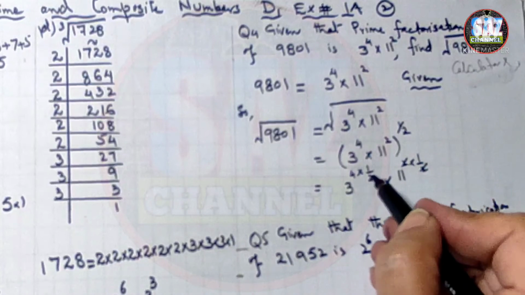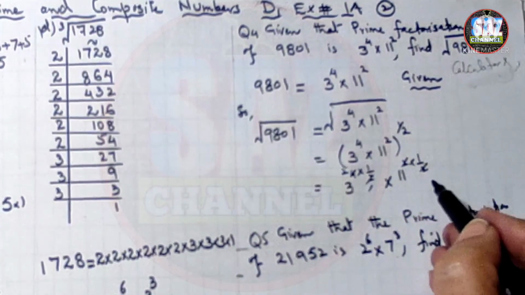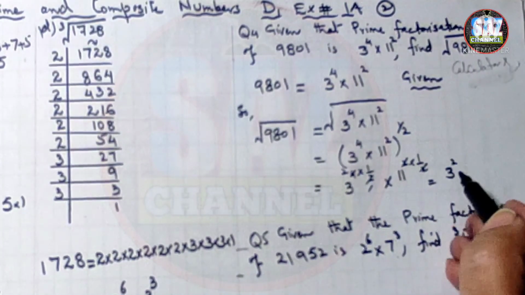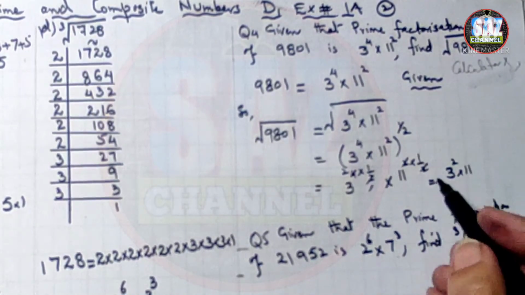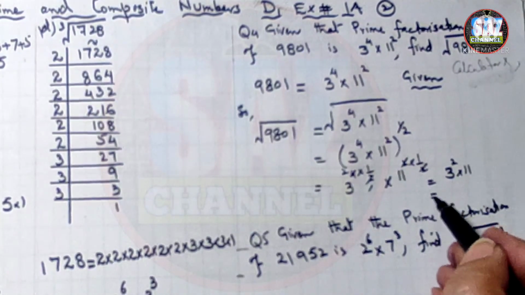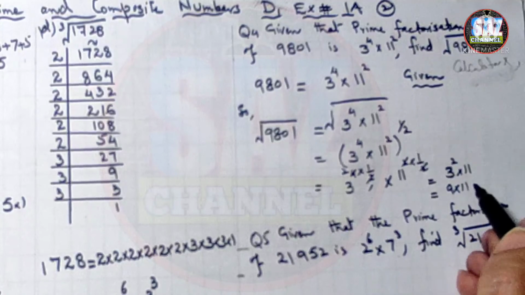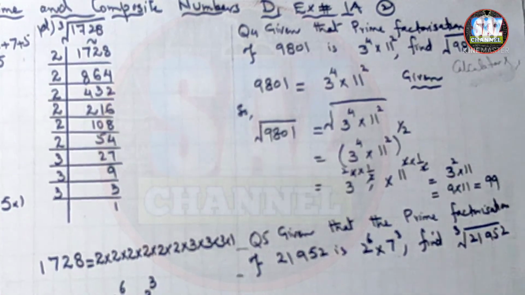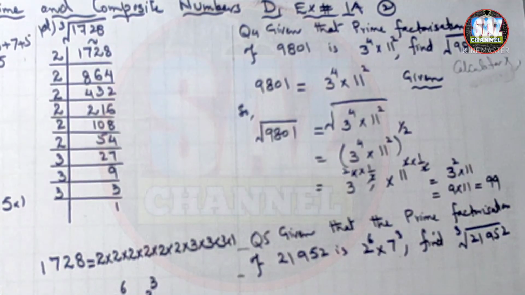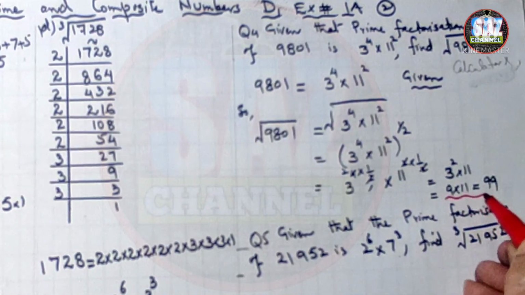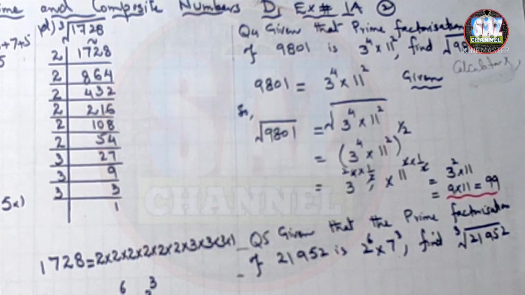This goes, 2 ones are and 2 twos are, and we will be left with 3 square multiplied by 11, which is equal to 9 multiplied by 11, which is equal to 99. You can see, students, that by keeping some basic rules in mind, we are easily able to reach the answer. Moving to the next question.